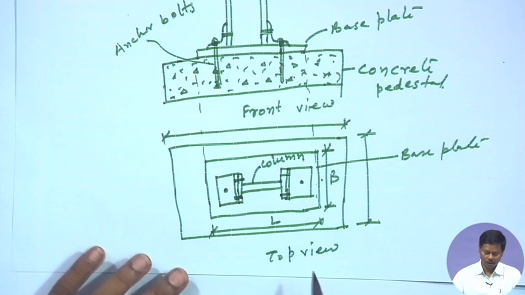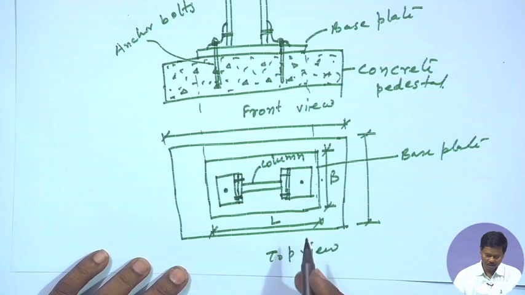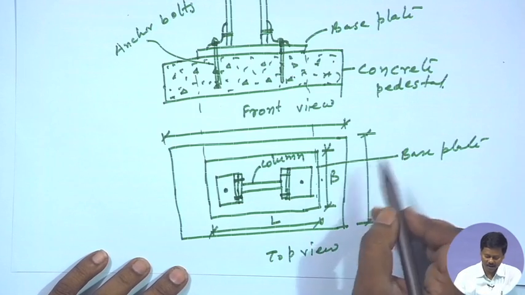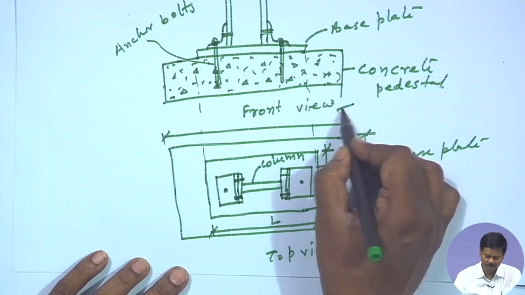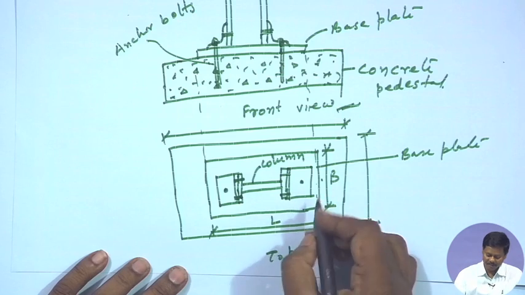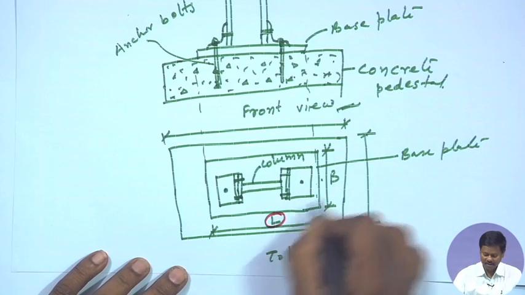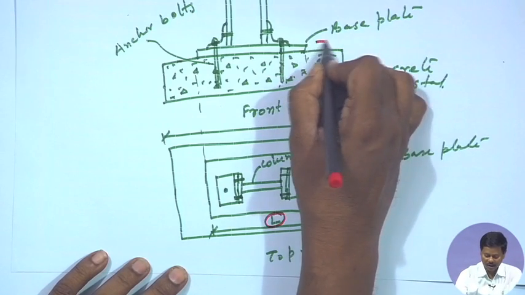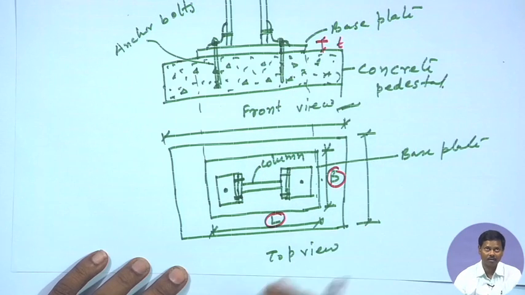So, this is a top view of the slab base system and this is the front view of the slab base system. So, what we need to design is, one is what will be the size of the base plate, that means length, width and thickness, right.